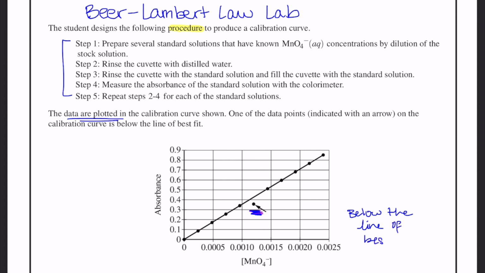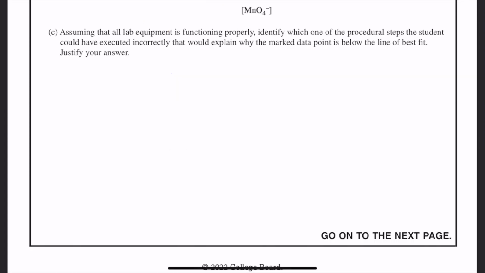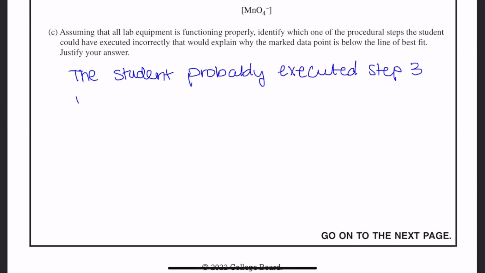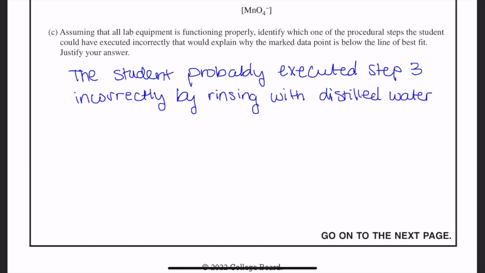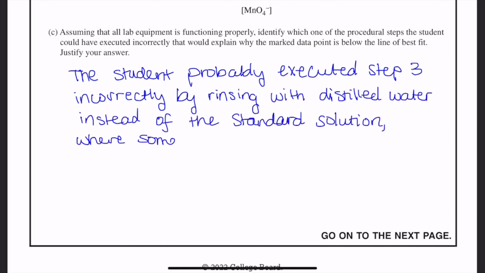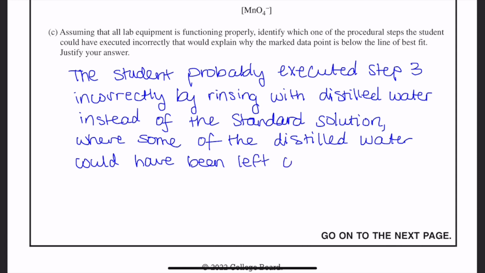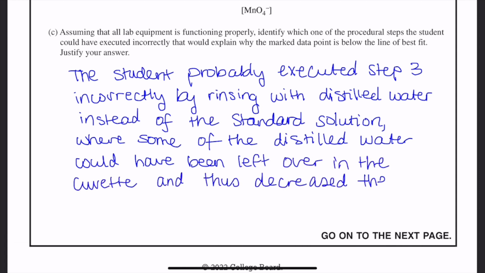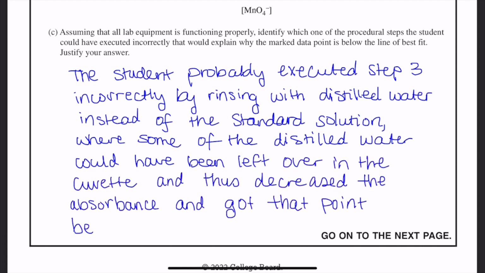So because of that, the student probably executed step 3 incorrectly by rinsing with distilled water instead of the standard solution, where some of the distilled water could have been left over in the cuvette and thus decreased the absorbance and got that point below the line of best fit.